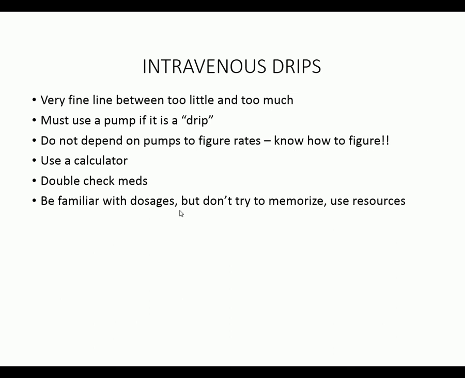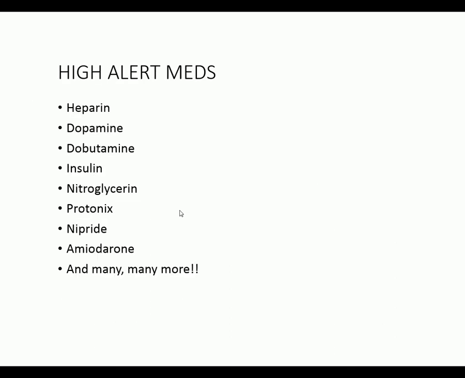Okay? Now, today we're going to work on some high alert medications, such as heparin, dopamine, dobutamine, and this list that I have up in front of you. Of course, there are many, many more medications. You need to be aware that most IV pumps will allow decimals, but there are some that won't. So if you have a pump that won't allow you to use a decimal, you will need to round.